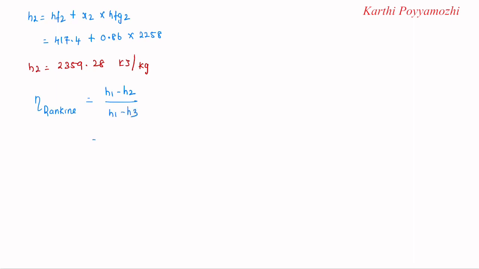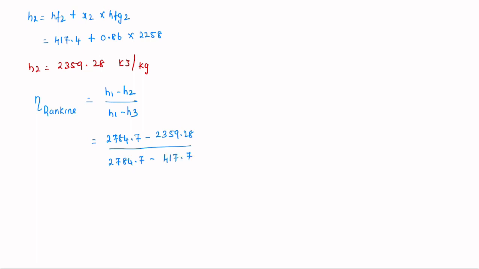From this, we have the value of H1 as 2784.7 minus 2359.28 divided by, and the H1 value is again 2784.7 minus H3 is equal to HF2, and the value of HF2 is 417.7.